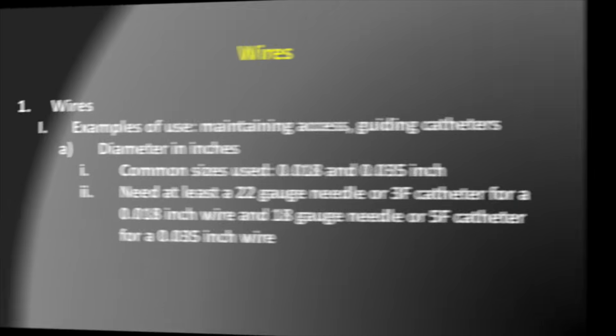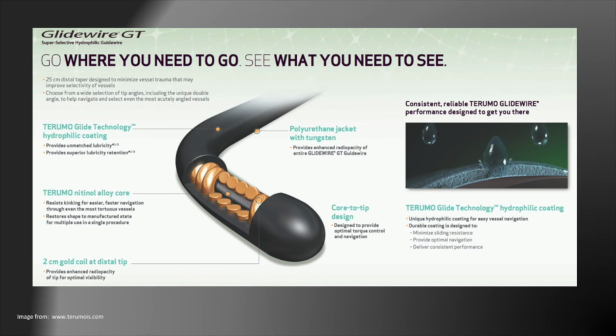So I wanted to include this diagram from the Terumo website to demonstrate what a wire is actually made of. If you just look at a wire on the surface, like I did when I was a first year, I thought that it was basically just one component. But there are some wires, such as this guide wire, which actually have multiple components.